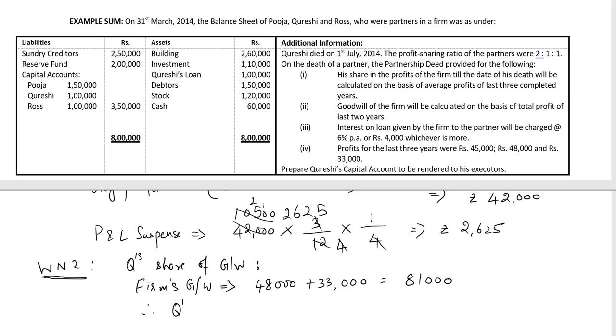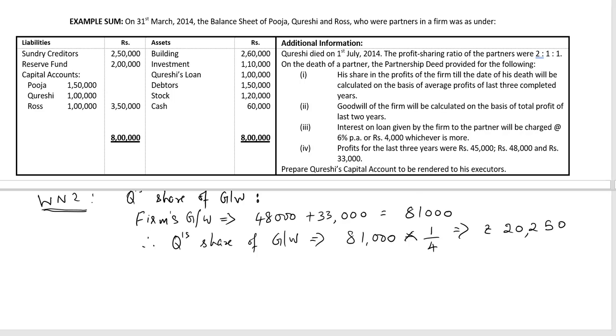Therefore, Qureshi's share of goodwill is equal to 81,000 rupees multiplied by his share, 1 by 4, which is rupees 20,250.